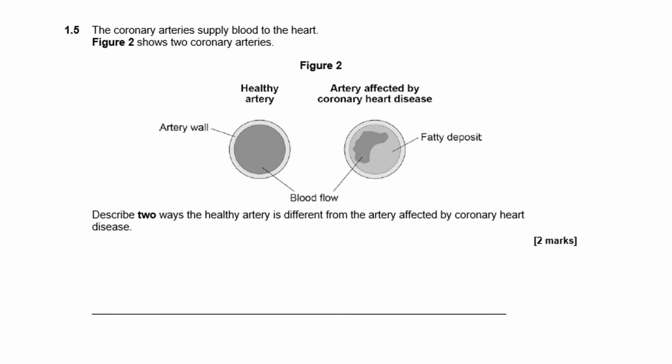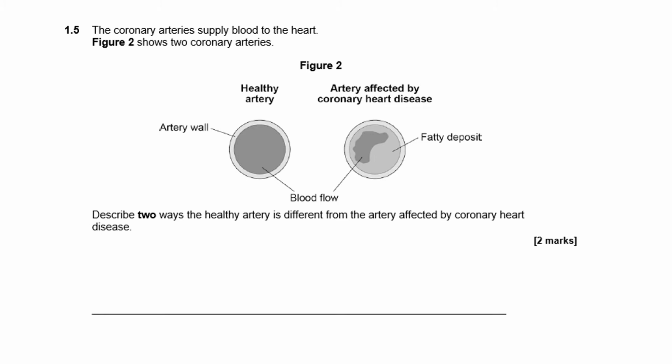Now, this question does not actually involve any science that you might have learned in lessons. It is looking at the diagram and talking about two of the differences between the two arteries. It asks you to describe them, so you don't need to say what effect that has or anything like that. You just need to say what the two differences are.